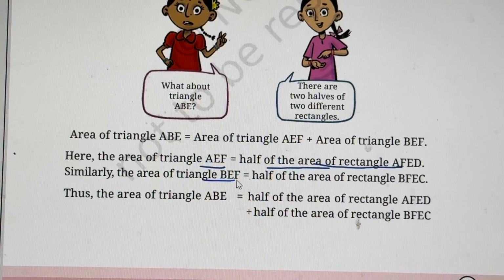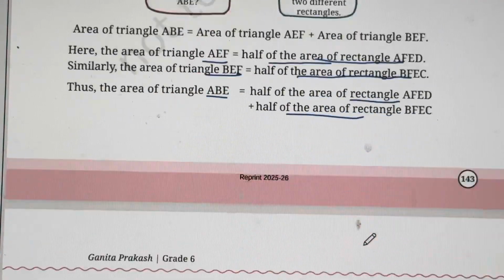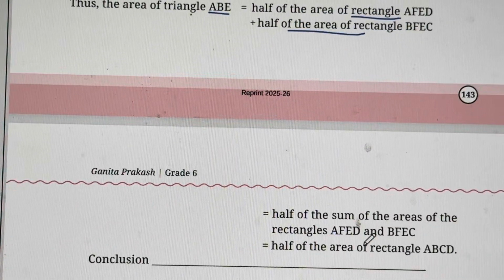Similarly, area of triangle BEF is half of the area of the rectangle BFEC. So ABE together will be half of the area of AFED plus half the area of rectangle BEFC. So which is equal to half of the sum of the areas of these two. That means half the area of the full rectangle ABCD.